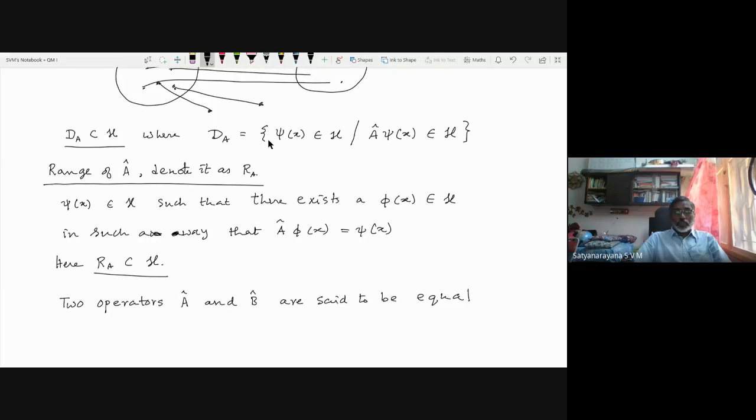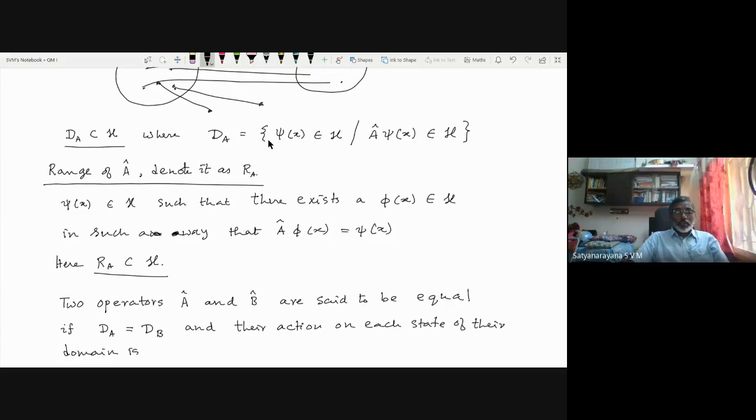They are said to be equal if the domain of A is equal to the domain of B. They should have the same domain. And their action on each state of their domain is the same.